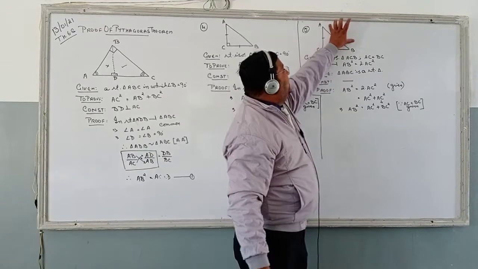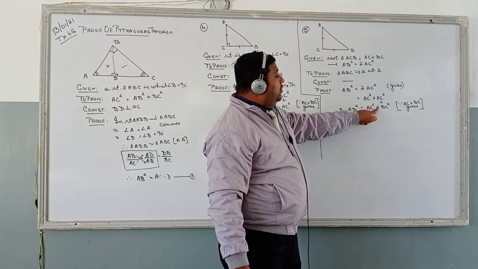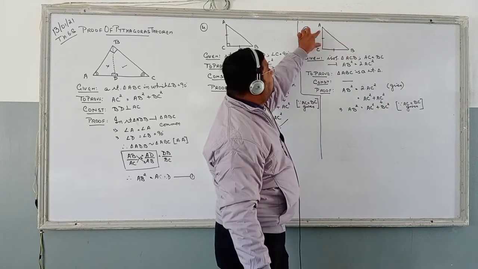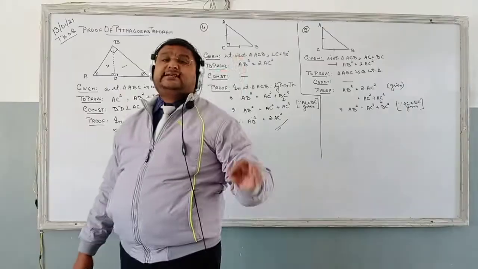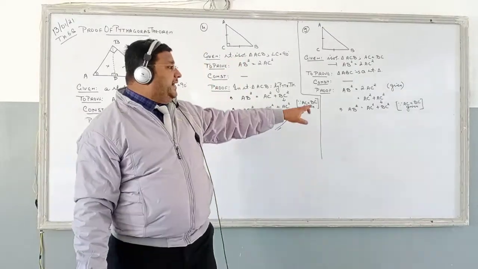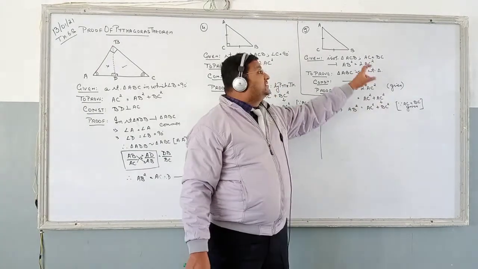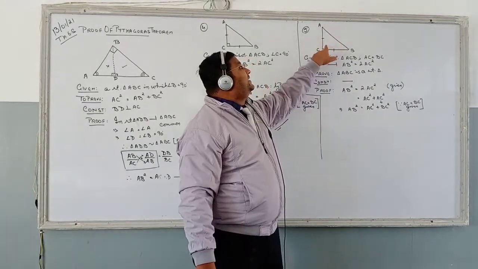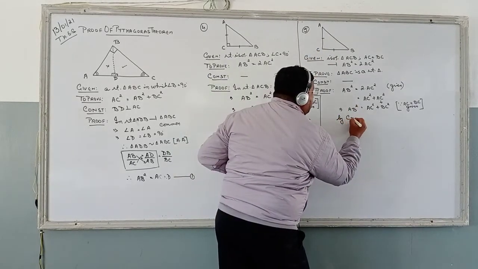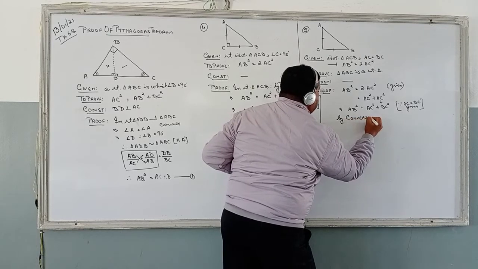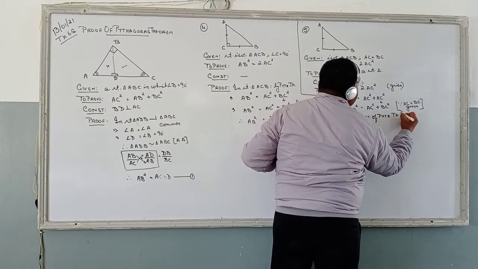AB square, that is the square of one side, is equal to the sum of the squares of the other two sides. So please check theorem 6.9, the statement. It says if the square of one side is equal to the sum of the squares of the other two sides, then the angle opposite to the first side is 90 degrees. Here now, by converse of Pythagoras theorem, which theorem is that?